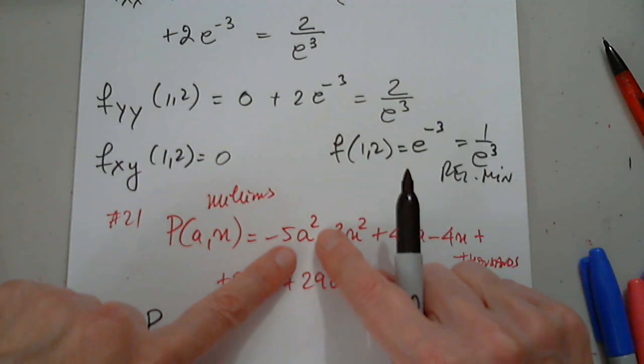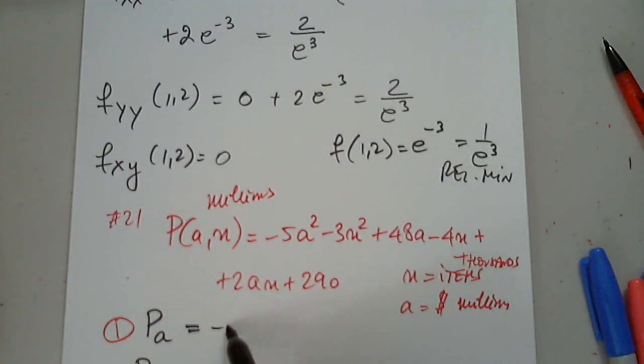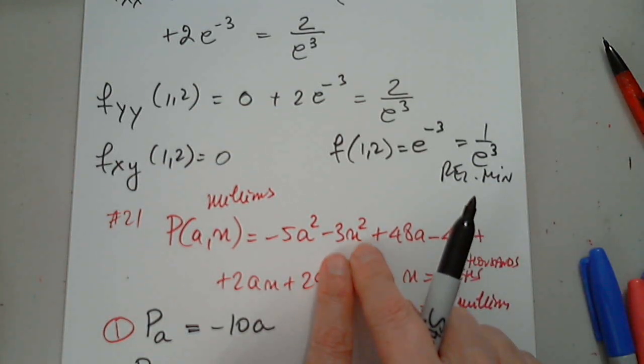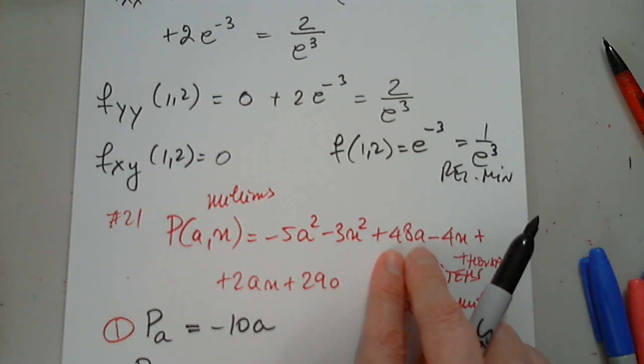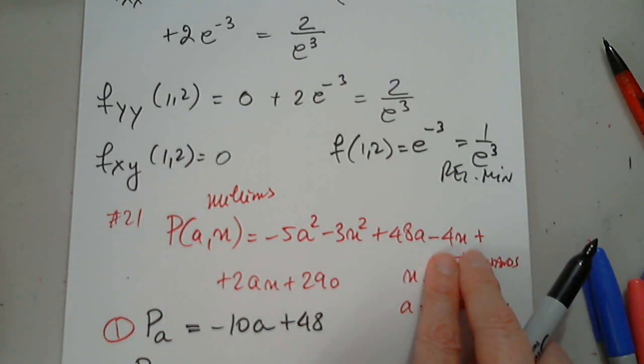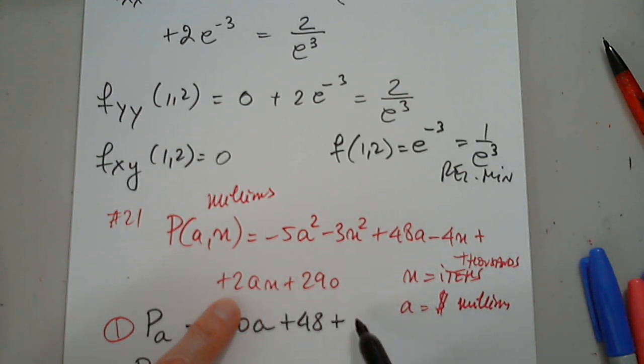We're differentiating with respect to A. Negative 10a. 0. 48. 0 again. 2n, sorry. And this is 0.